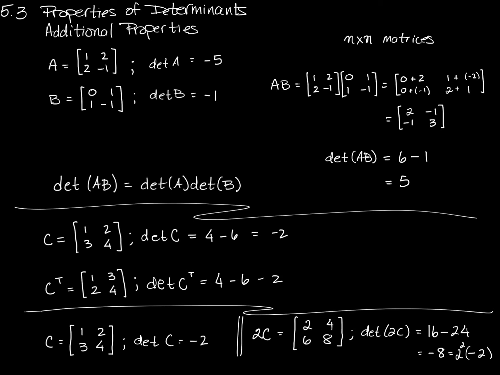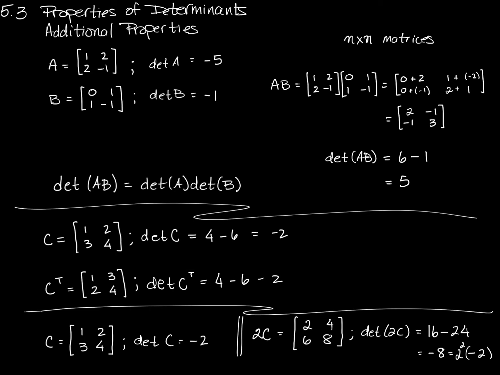And the other is from the dimension of the matrix. We have an n by n, which in this case is a 2 by 2 matrix, so our n value is 2. This 2 comes from multiplying the matrix C by 2. The exponent of 2 comes from the dimension of the matrix.